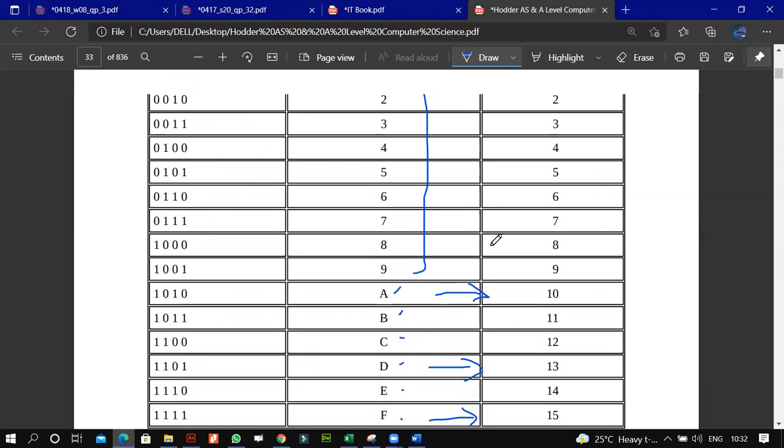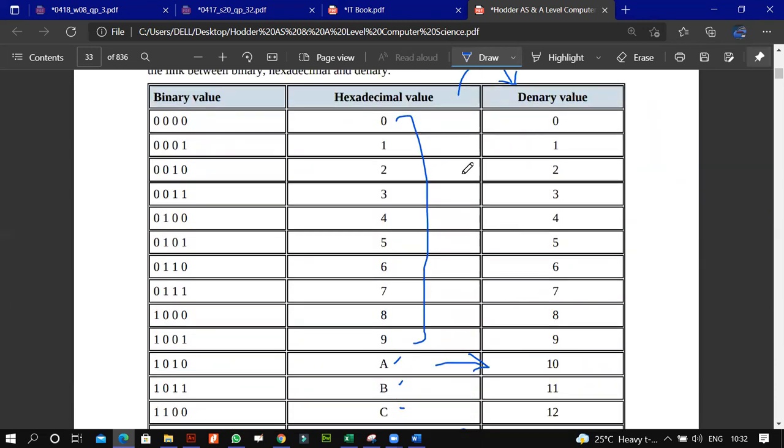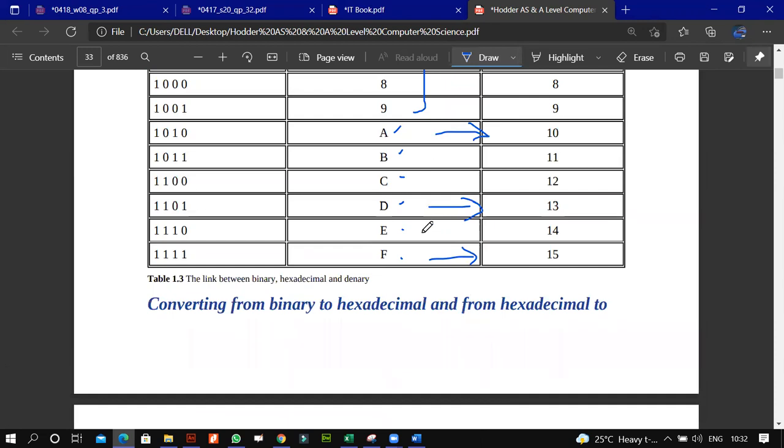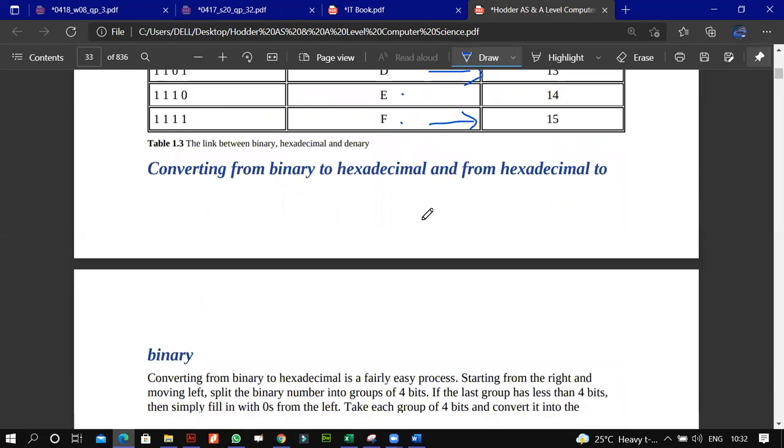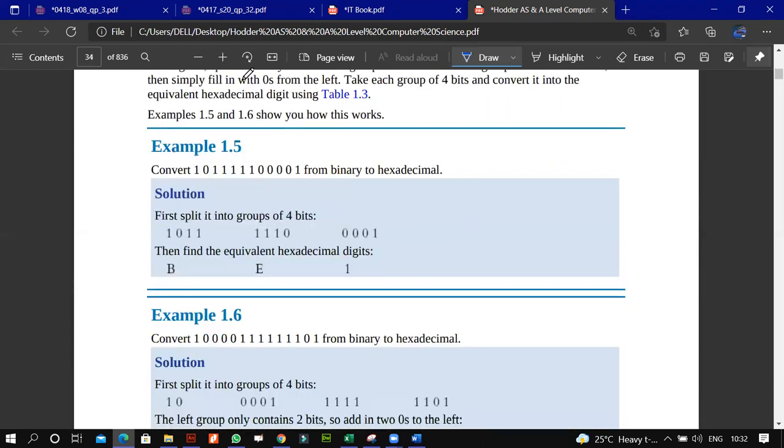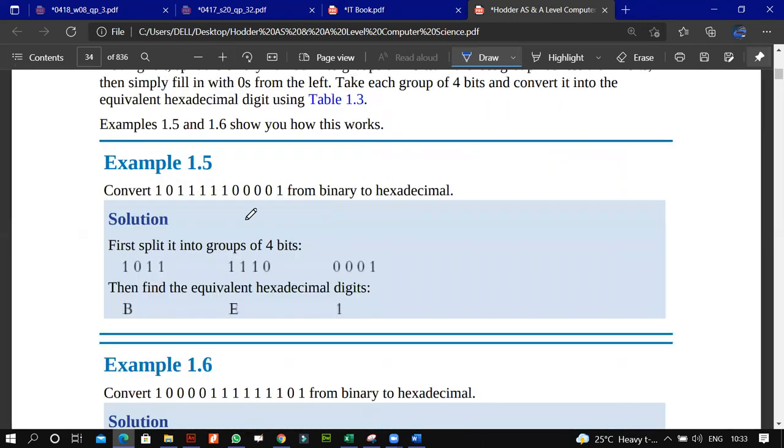So if I know that my hexadecimal values go from 0 till F for my first 16 digits of denary, how will I be converting from binary to hexadecimal?